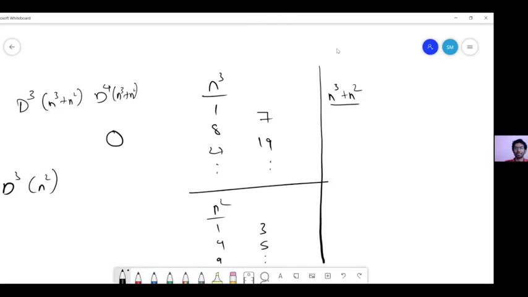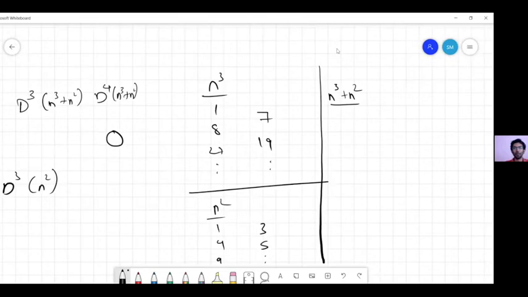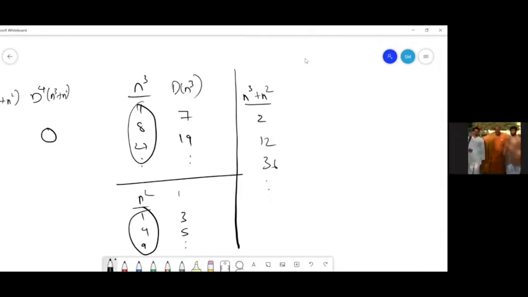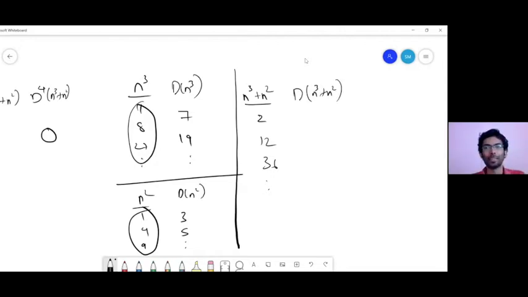Yes, basically the first column is just the sum of these two, so that is 2, 12, 36 and so on. The second column, as you nicely told last time, is n plus 1 the whole cube minus n cube, plus n plus 1 the whole square minus n square.